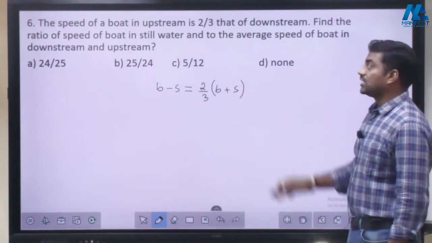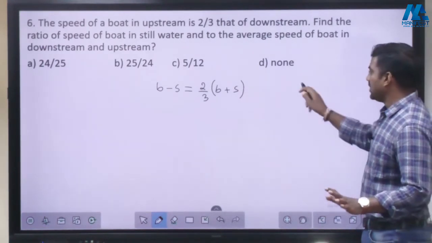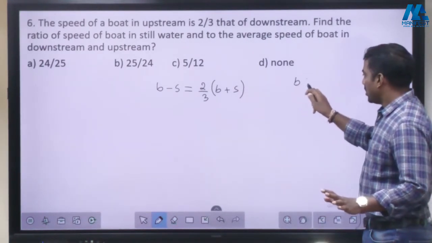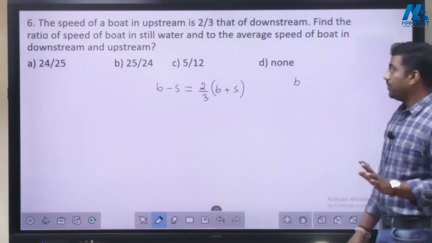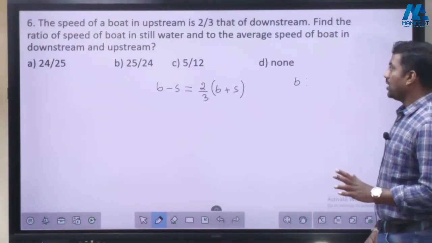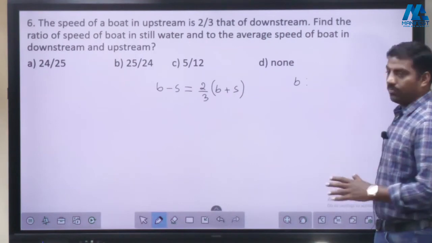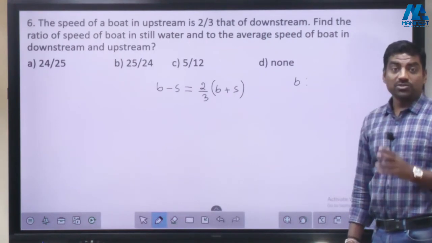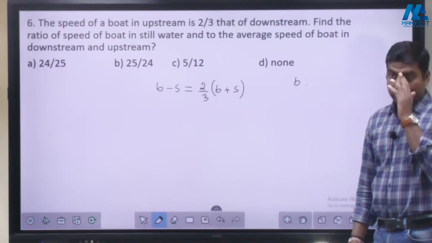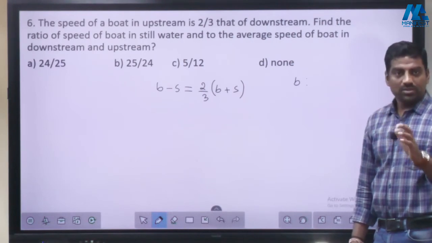Now let's see what will happen further. Find the ratio of the speed of the boat in still water to the average speed of the boat in downstream and upstream. Here distance is the same.